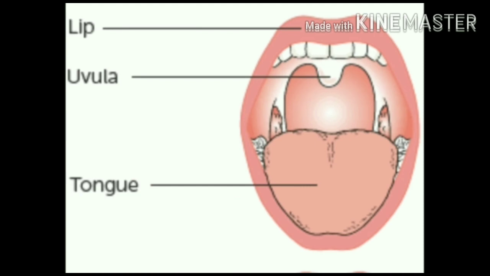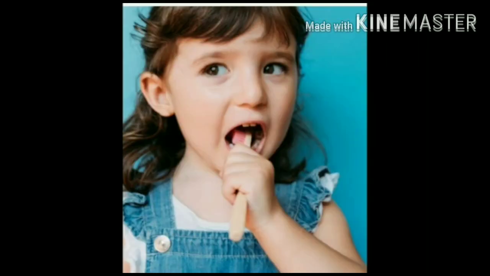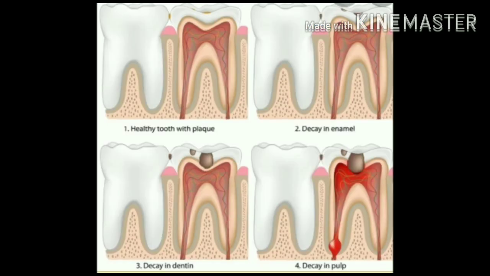Normally, bacteria are present in our mouth, but they are not harmful to us. However, if we do not clean our teeth and mouth after eating, many harmful bacteria also begin to live and grow in it.